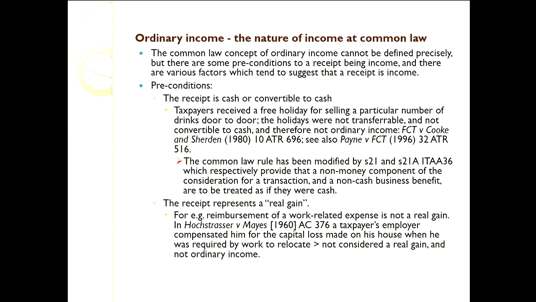Now, what we're going to do is, now this bit is really important because we're going through the fundamental general principles of ordinary income, right? Now, there are certain prerequisites to a receipt being income.